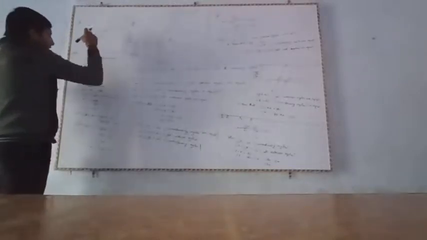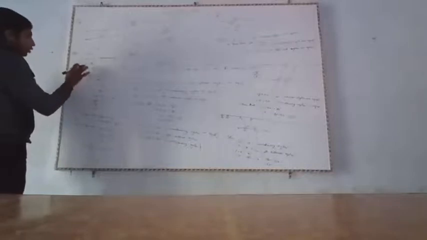We know that angle A plus angle B is equal to 180 degrees. Putting the values of angle A and angle B, 2x minus 8 plus 3x minus 7 is equal to 180 degrees.